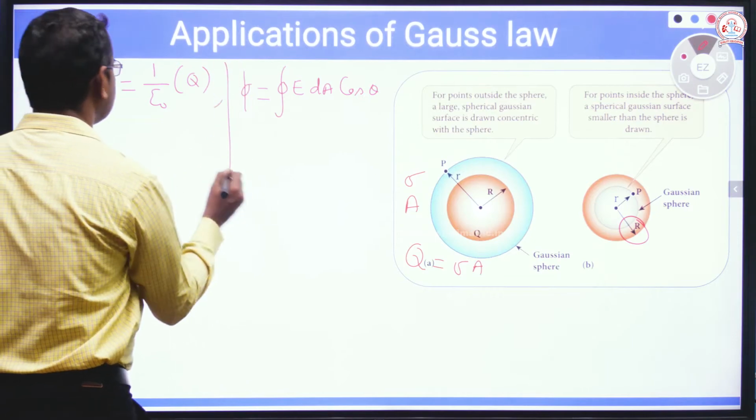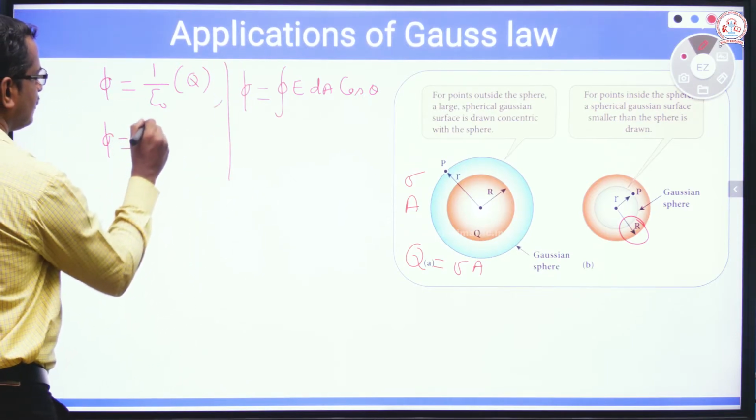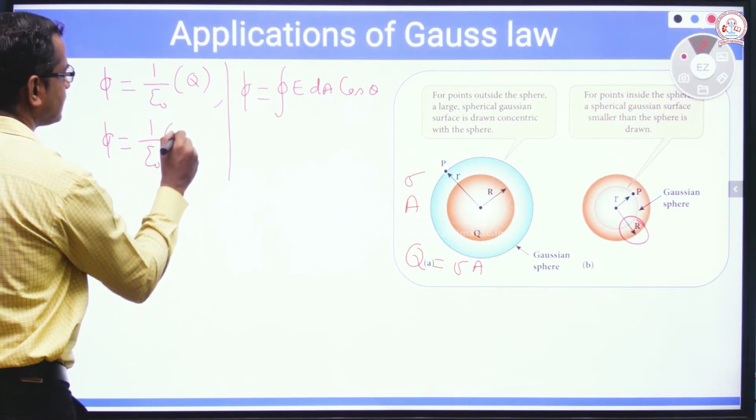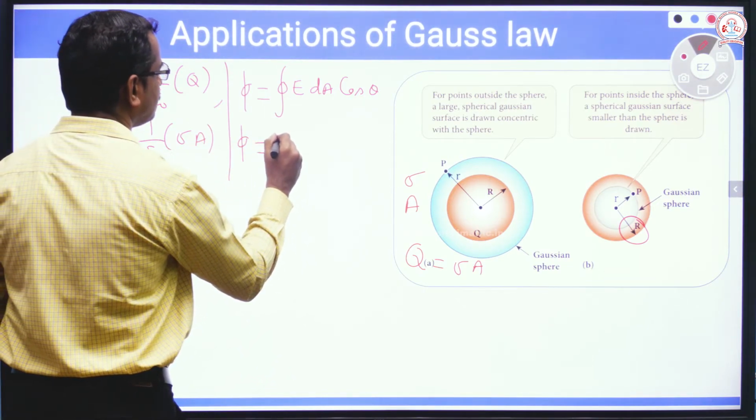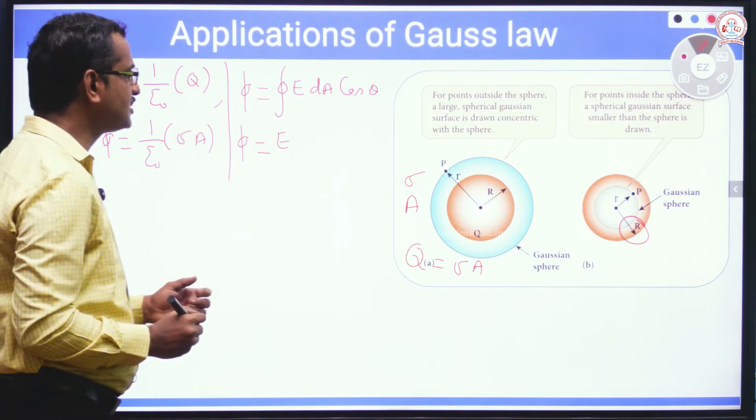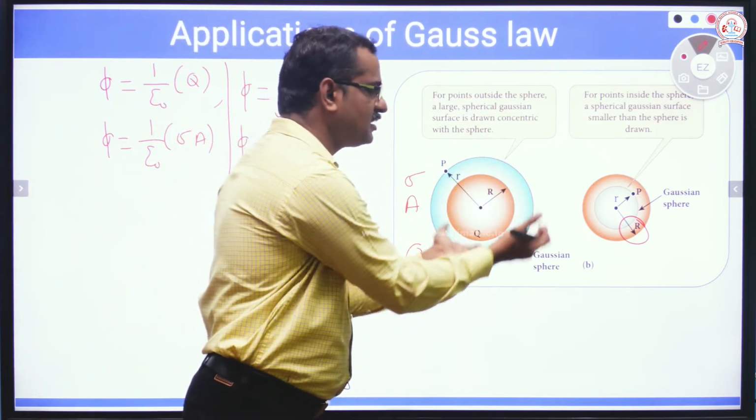In this case, flux phi is equal to 1 by epsilon naught times sigma into A. Here, flux phi is also equal to the electric field E closed integral dA cos theta.